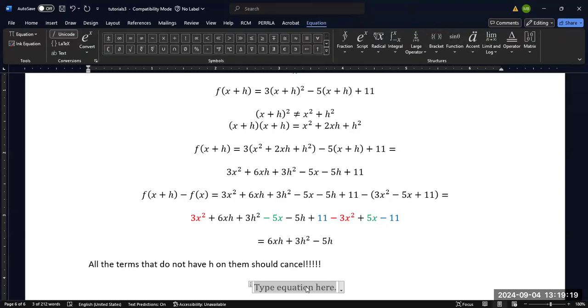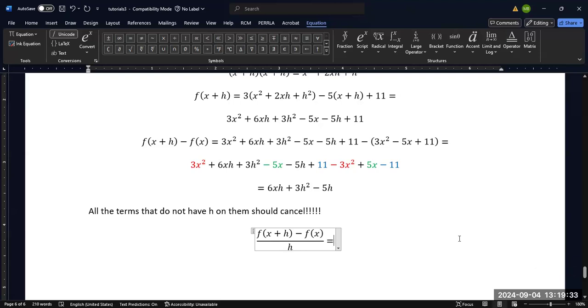And then finally, we put all of it together. The entire difference quotient is going to be our numerator that we have left, because this expression is just this numerator. It's going to be 6xh plus 3h squared minus 5h divided by h. Be careful how you cancel.